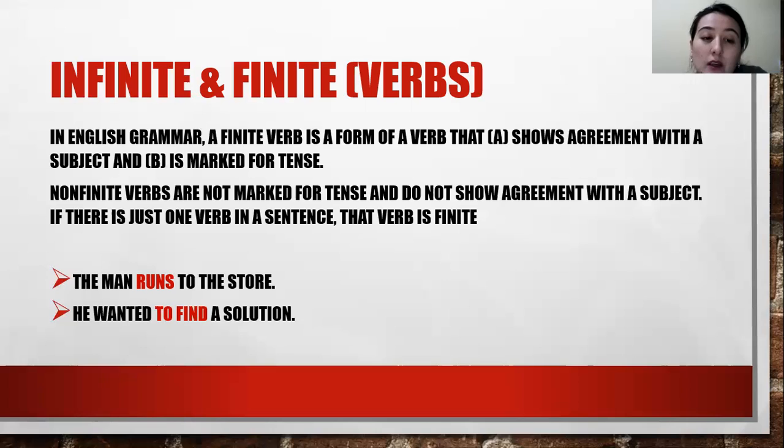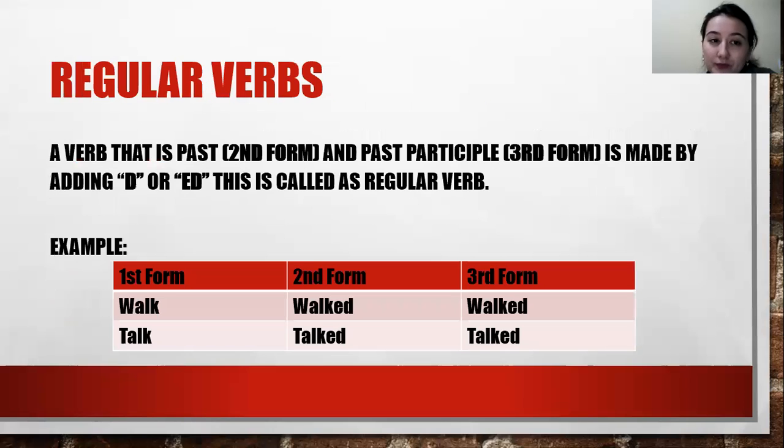If we skip the word wanted, there will not be any meaning in the sentence. To find a solution, this is nonsense. It doesn't give us any meaning. That's why to find is an infinite verb. Sometimes infinite verbs can be without to. That's why we have to be careful.